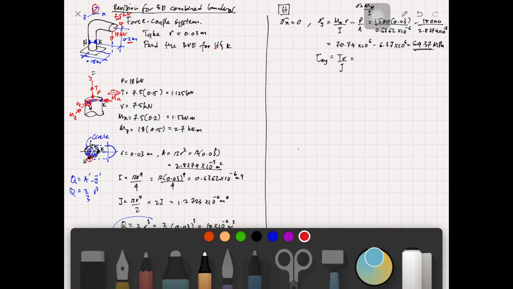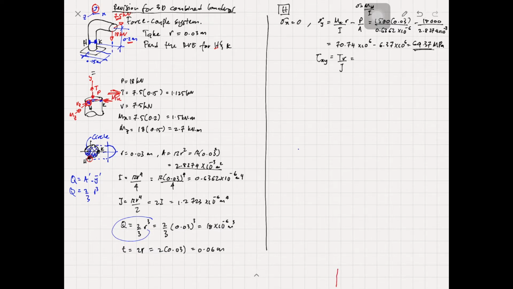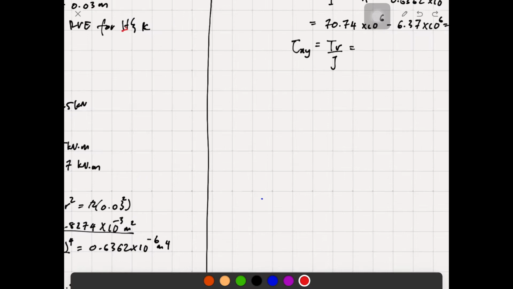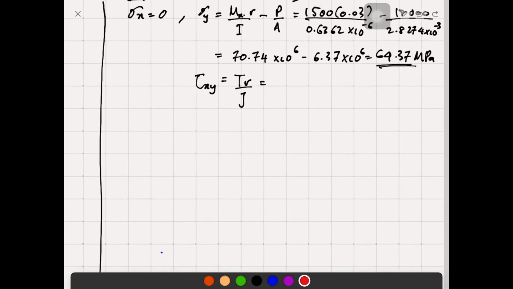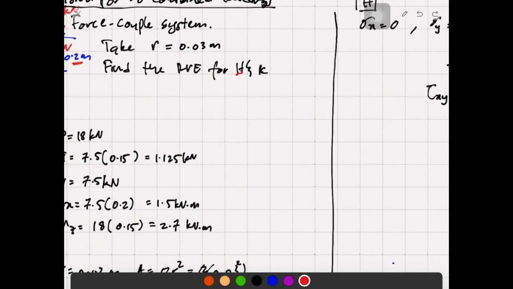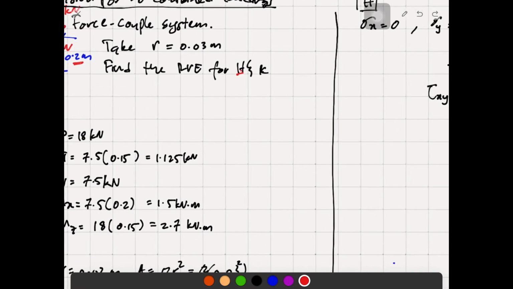Over here, look at this. T is the value of the torsion for our system. So at point H, caused by that, this is 1.125.